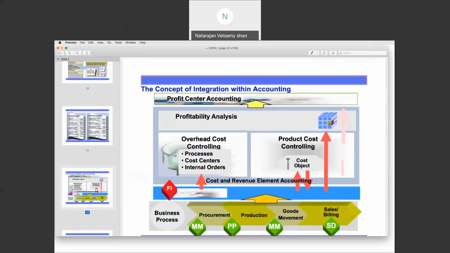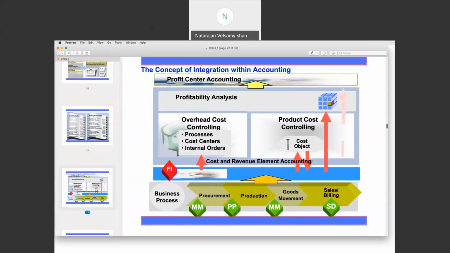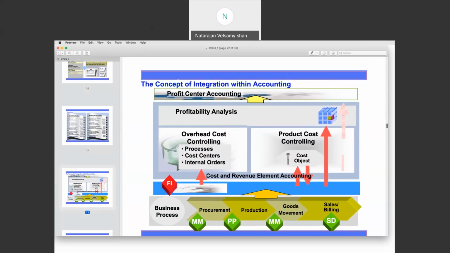The concept of integration within accounting. So this MM module, PP module. The MM module procures, the PP module produces, and again the MM module moves goods, and the SD module bills. All these are integrated with the FI. Then there is a controlling module. It will have overhead accounting and product cost controlling.